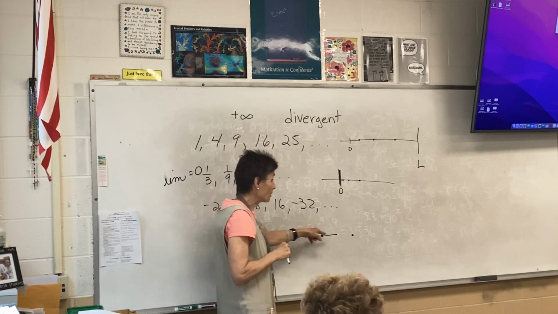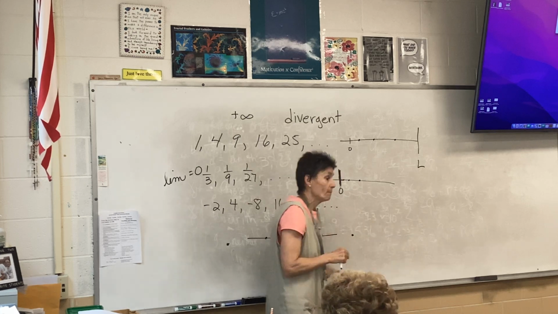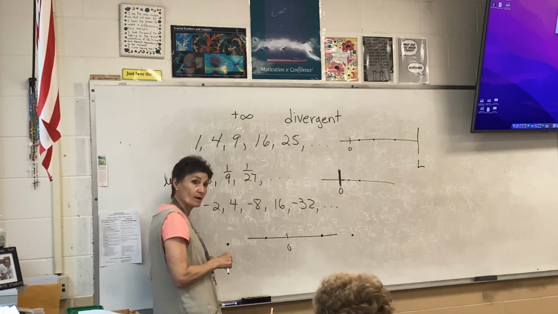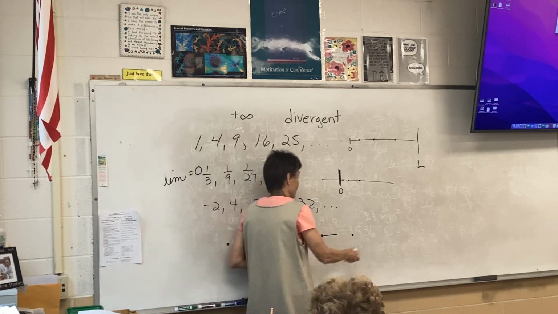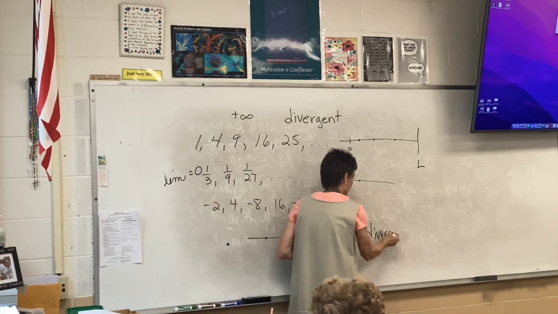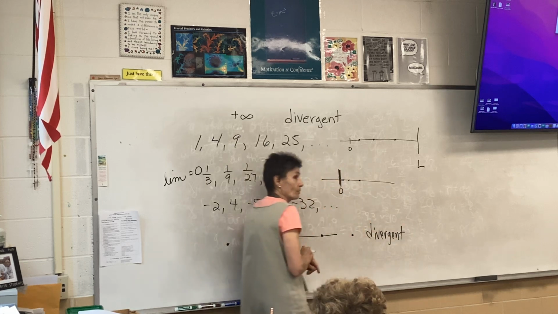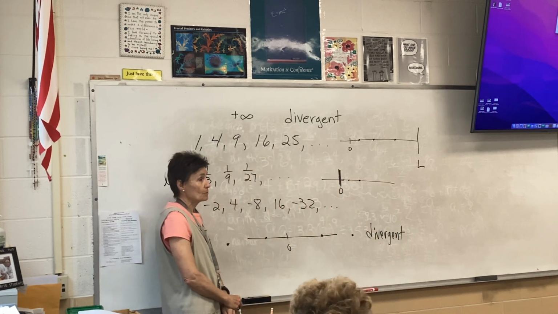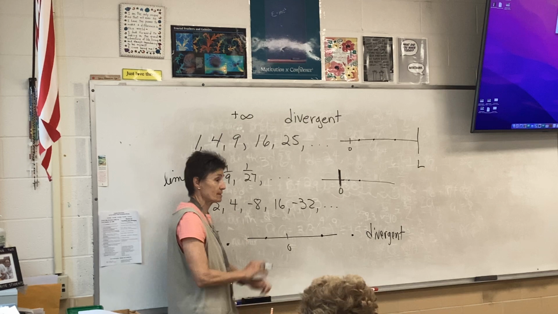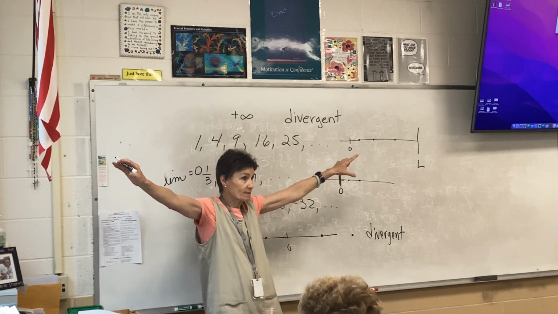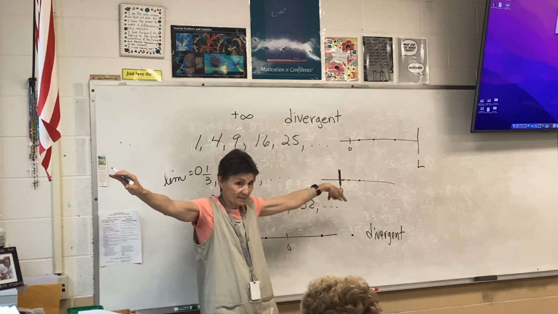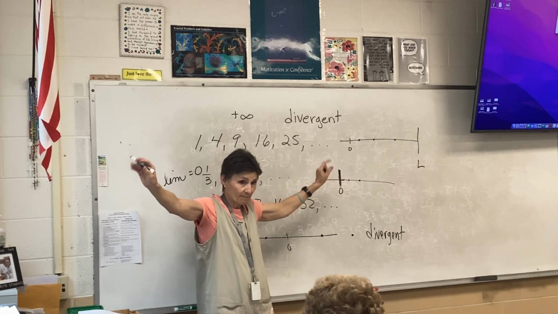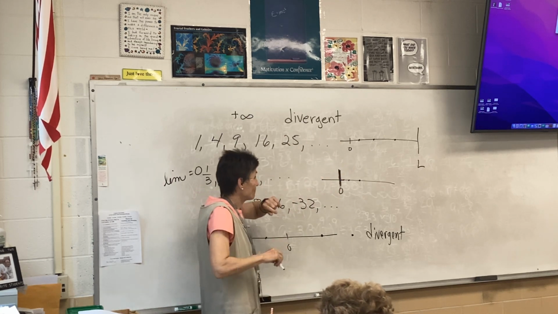And do these keep going and going? They sure do, but don't they also keep going and going in this direction? So we say this one is divergent. There is no limit at all. Do not say infinity because it's going both ways. See the difference between the first problem and this third one here? Caden, see it? All right.